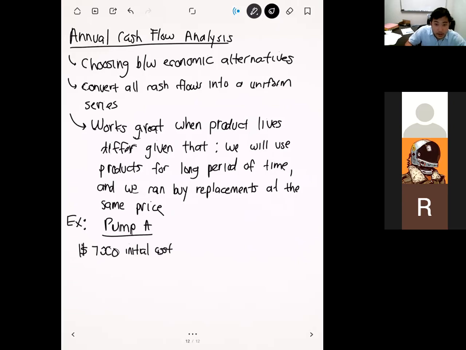In addition to that, we're going to ignore any maintenance costs, and we're going to assume that pump A can be salvaged for $1,200 at the end of 12 years. So we have a $1,200 salvage, and the product life for pump A is going to be 12 years.